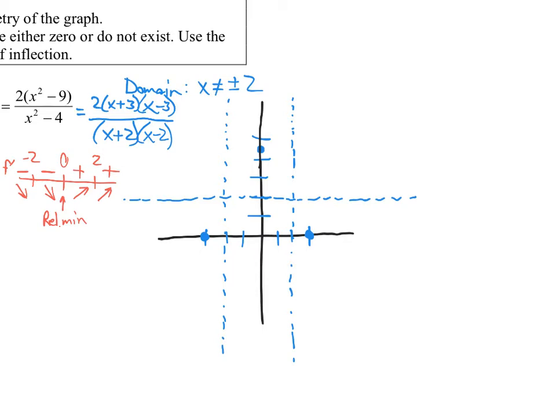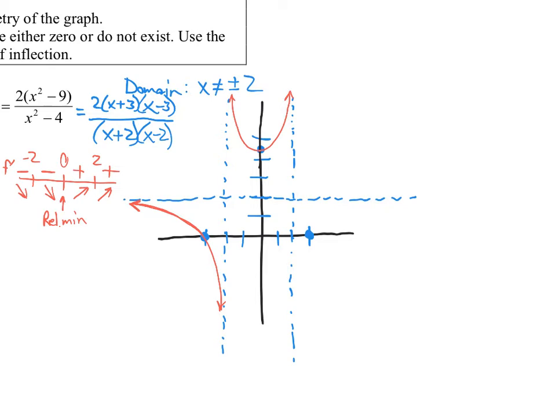As I go from left to right, it's decreasing all the way as it approaches -2. It continues to decrease after -2 because it goes to -infinity on the left, then jumps way up to positive infinity and comes down until we hit the min. Then it goes all the way back up as we approach the vertical asymptote there.